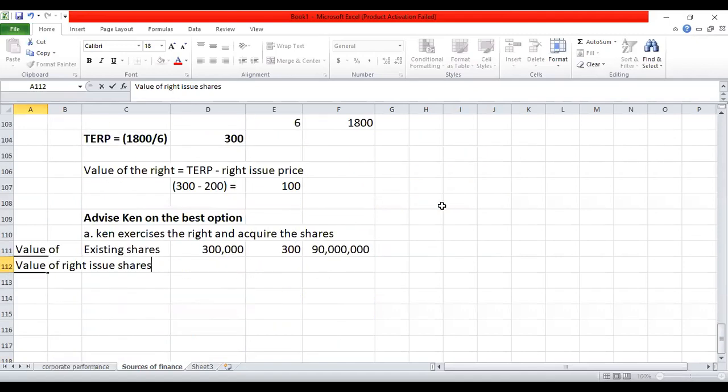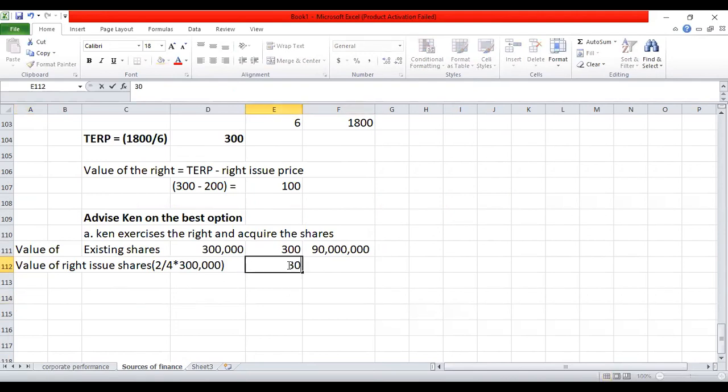So in this case, we will get 2/4 times the 300,000. Then we multiply at 200. Sorry, we value them at 300.